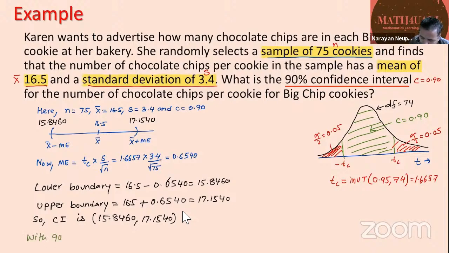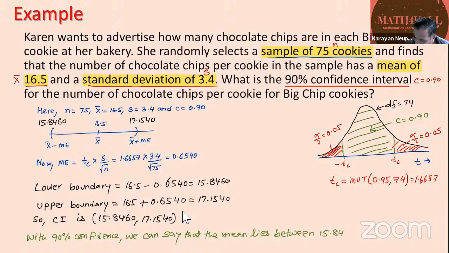With 90% confidence, we can say that the mean lies between 15.8460 and 17.1540. Any question on this one?